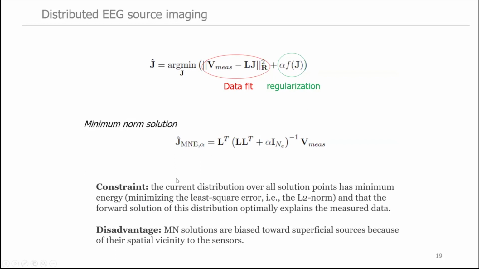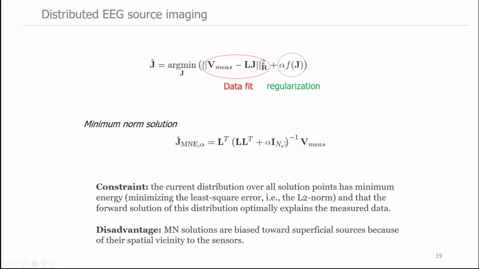So here, the constraint of the minimum norm solution is the current distribution over all solution points as minimum energy. And of course, that also the forward solution of this distribution optimally explains the measured data, so that's the data fit. But the regularization is that you have least energy over your solution space. And when you impose that constraint, then this is the solution.